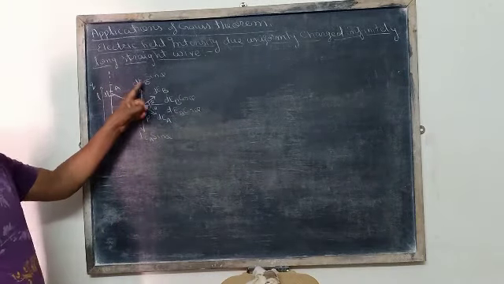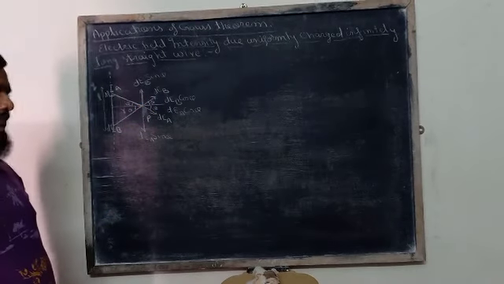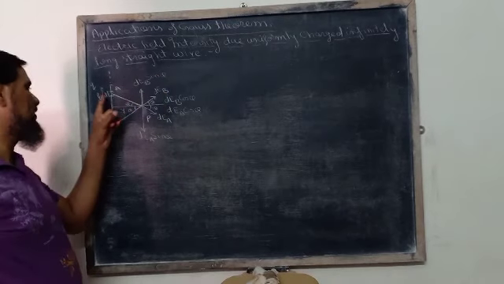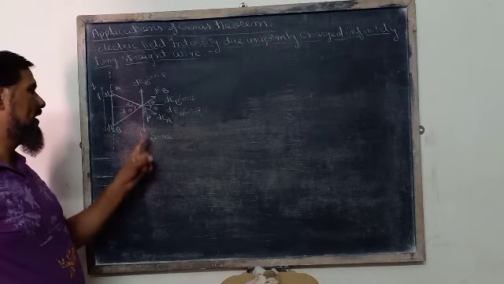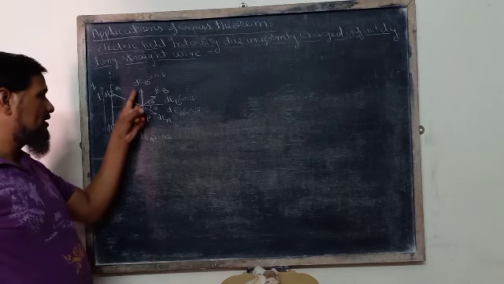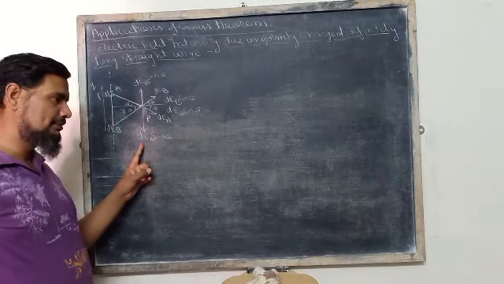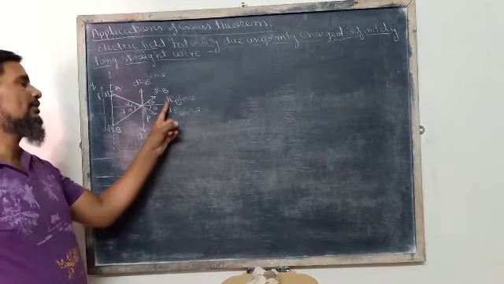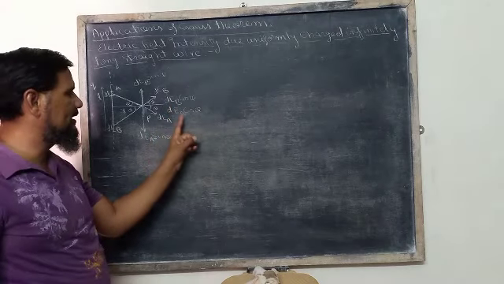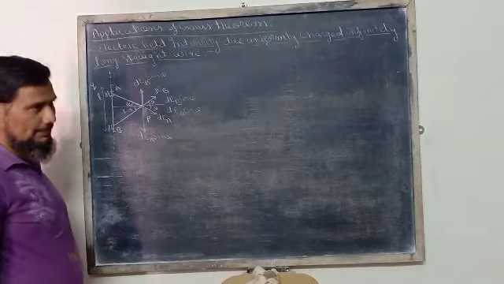We know that dE_B sin theta and dE_A sin theta are equal in magnitude and opposite in direction, because theta is equal and the length elements are equal, so dE_A and dE_B are also equal. Because they are equal in magnitude and opposite in direction, they cancel out, and the cos components of dE_B and dE_A are along the same direction, so they add up.